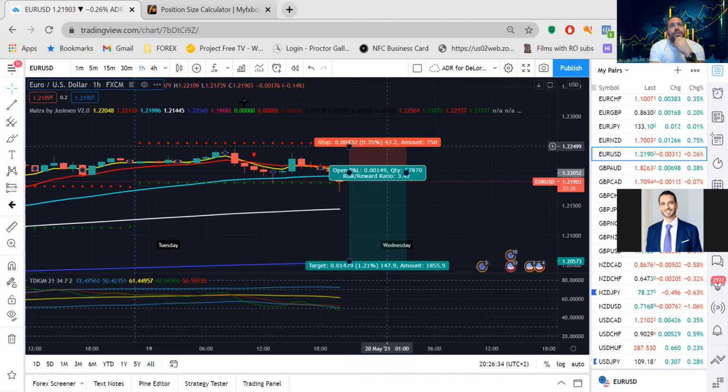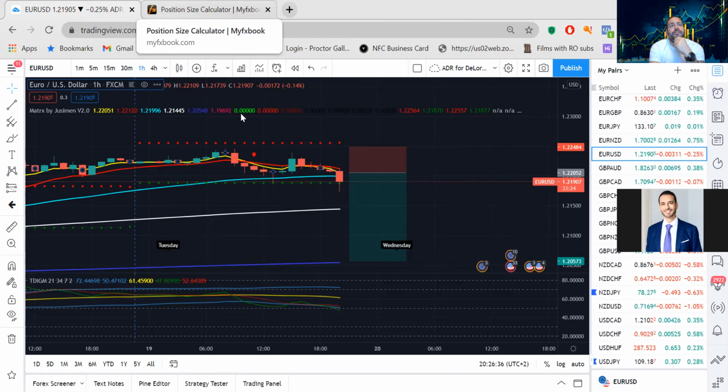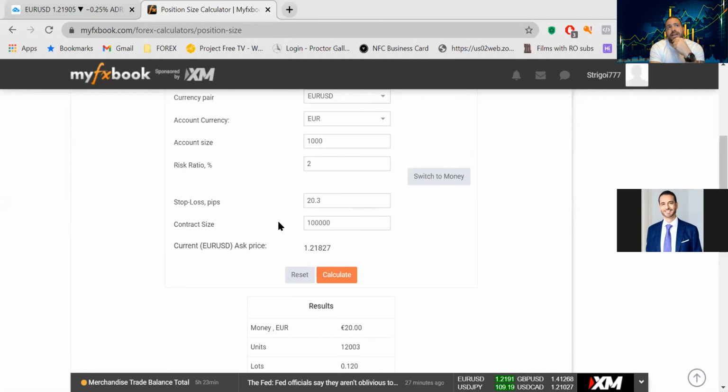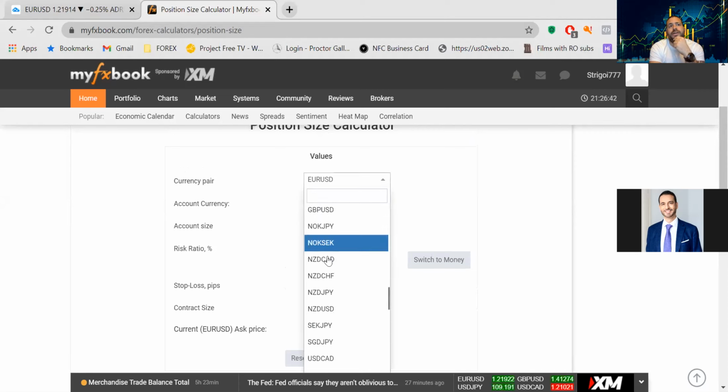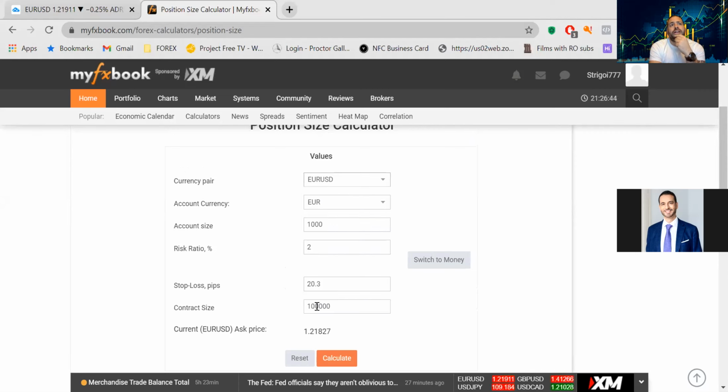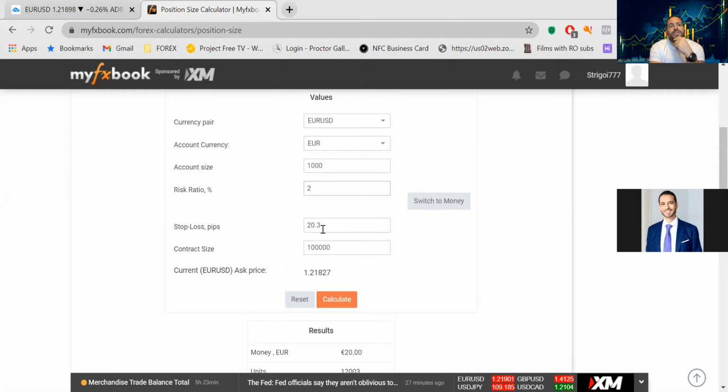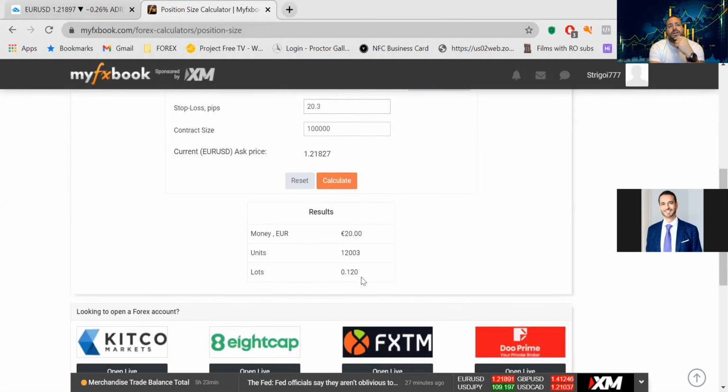We open our position size calculator, find the currency pair. In this case, it was Euro USD, but you have all sorts of currency pairs here. Your account balance currency, your account size in euro, your risk percentage, and the stop loss, and then you get your lot size. Once you have your lot size, you can now enter the trade.